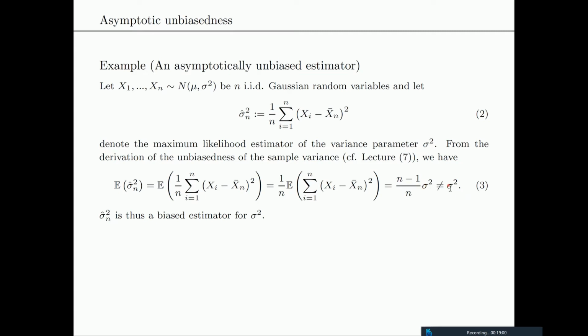This is why multiplying the thing in the brackets with 1 over n minus 1 gives you an unbiased estimator, because the expectation of this thing alone is n minus 1 times sigma squared. This is what we've shown already.